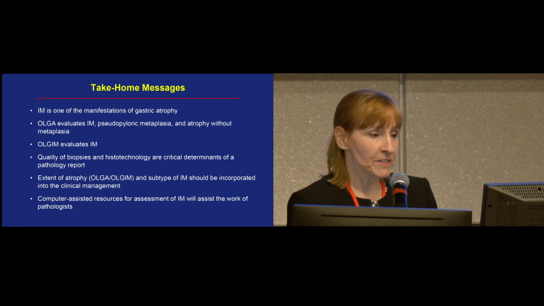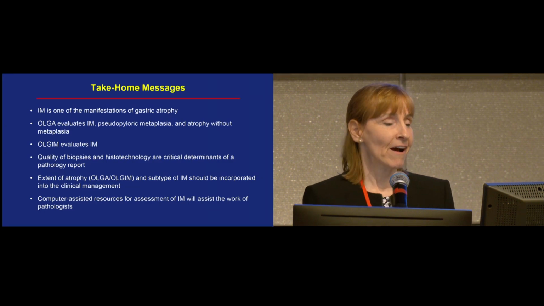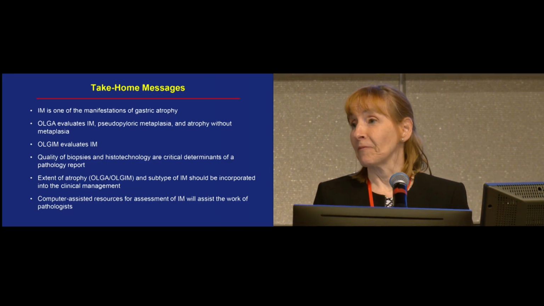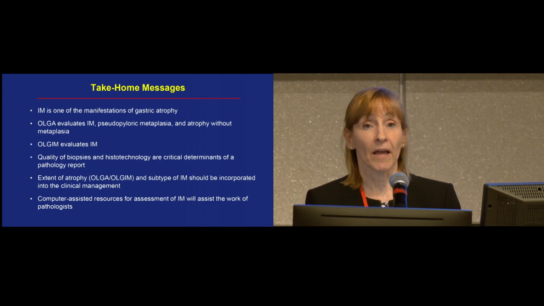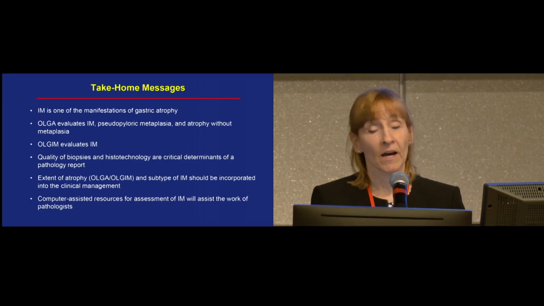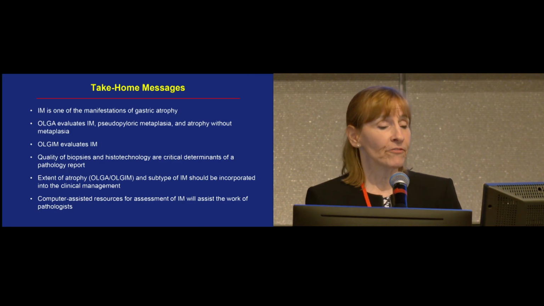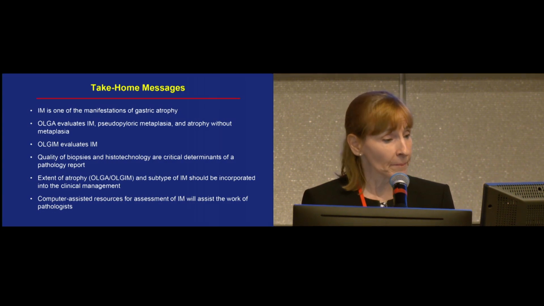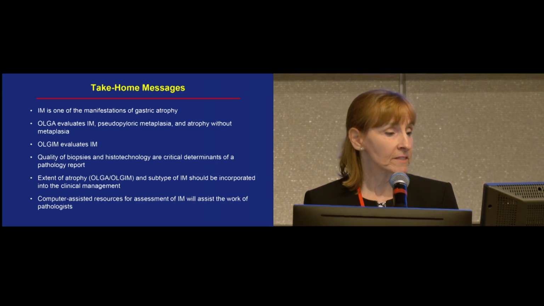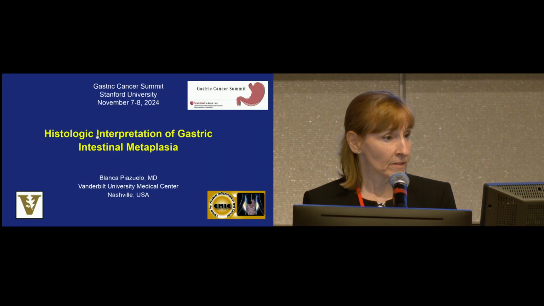The quality of the biopsies, I didn't mention this too much because of the time, but now that I see that I have a few seconds, the quality of the biopsies and the histotechnology, the way the histotechnologists embed and orient the biopsies, are critical determinants for a pathology report. The extent of atrophy and subtype of metaplasia should be incorporated into the clinical management. And finally, computer-assisted resources for assessment of intestinal metaplasia will help the work of pathologists. So with that, I'm done.